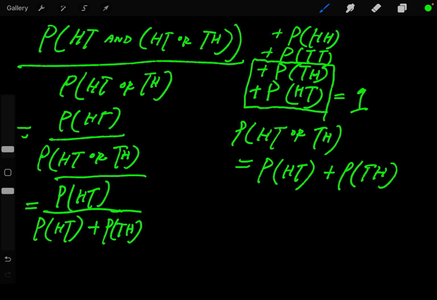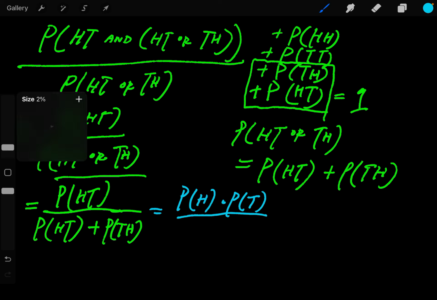Now let's go ahead, and now we're on to the phase where we just compute probabilities. What is the probability of a heads tails in a 2-coin flip? Well, that's simply, since these flips are independent, the probability of a heads times the probability of a tails.